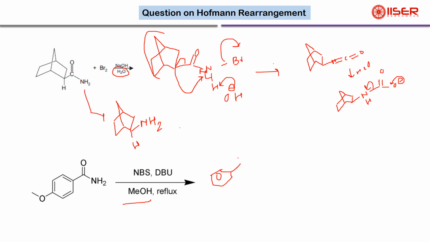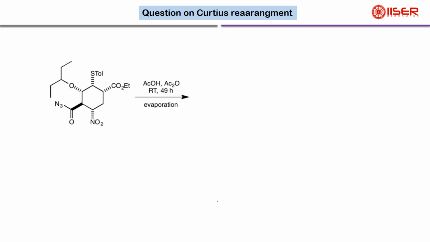Methanol will attack, so it will form a methyl carbamate. Okay. So always notice which solvent has been used. So this is an example of Curtius reaction.